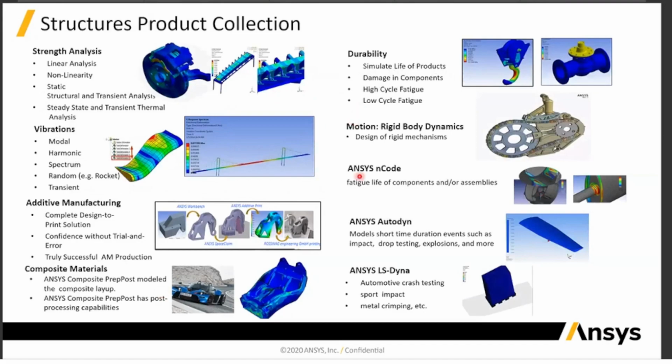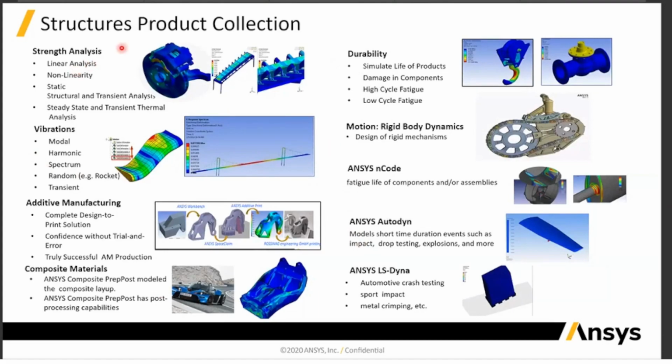Just to give you a glimpse of what all can be done with Ansys structural, or the finite element method implemented in Ansys, this is a summary of what can be done with the FEA solver available with Ansys.